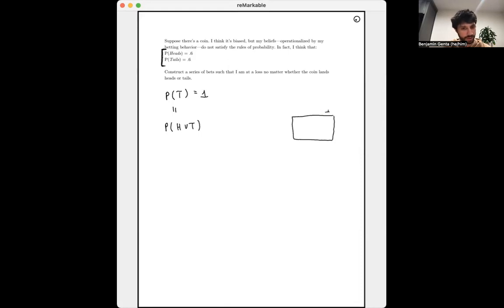If we imagine it with our sample space, then 50% of the time it's going to land heads, and 50% of the time it's going to land tails. And that's the whole space. Okay, so we know that this is equal to 1.